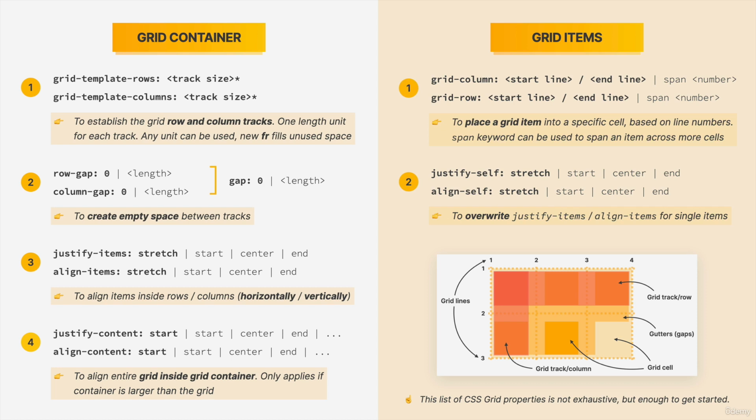So align-self is used to override align-items, and justify-self is used to override justify-items for one individual grid cell. So again, just like in Flexbox. So this is an overview of the most important CSS Grid properties that we're going to use in this course. So make sure to print this out and have it next to your keyboard once we start writing code in the next lecture.